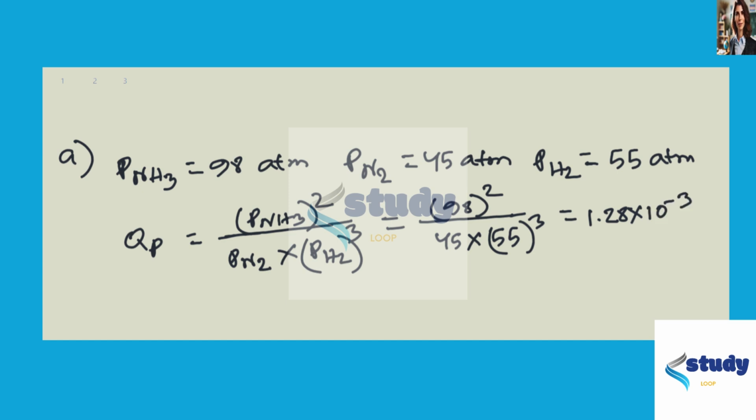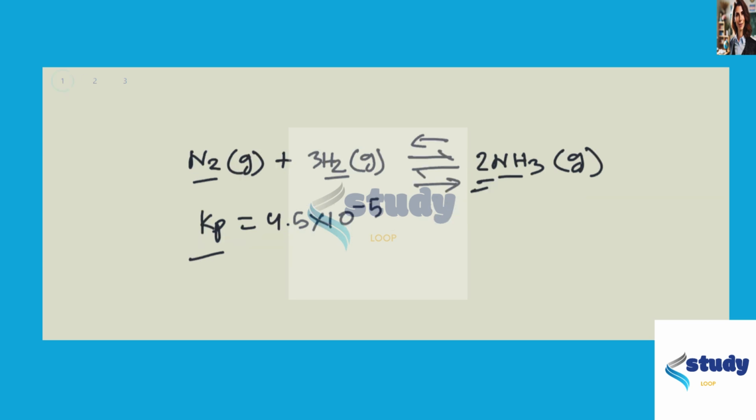So this is the reaction quotient in terms of pressure for this mixture. Now we're given the standard Kp as 4.5 times 10 to the power minus 5. That means this should be the value of the reaction quotient at equilibrium.